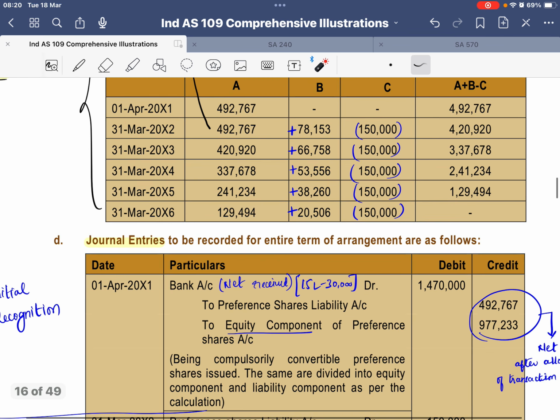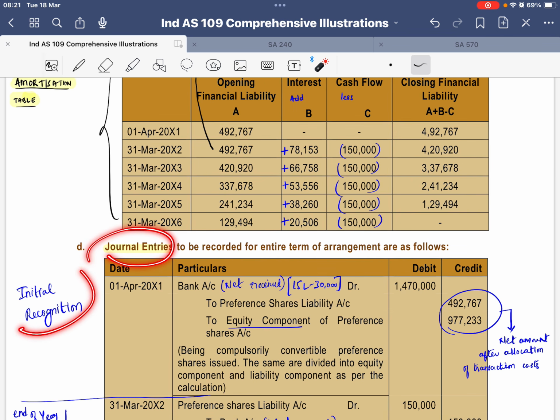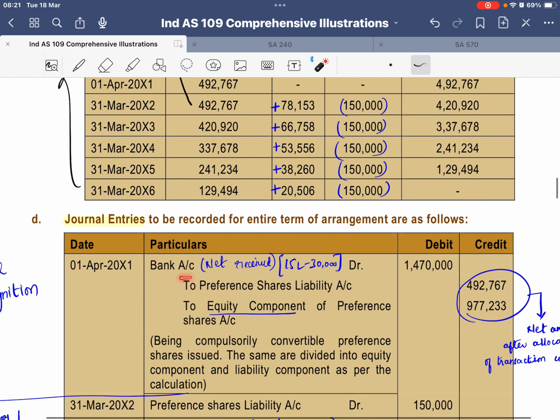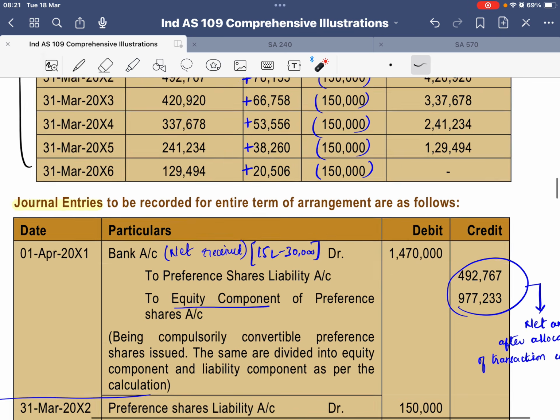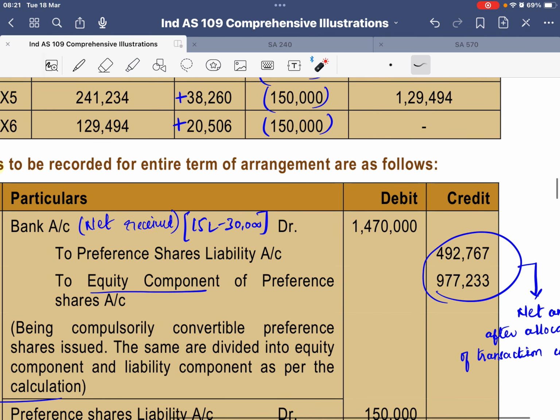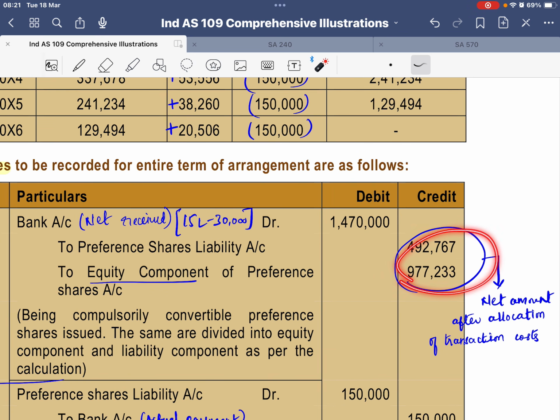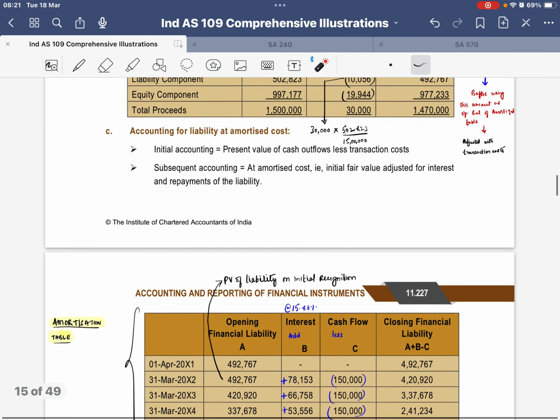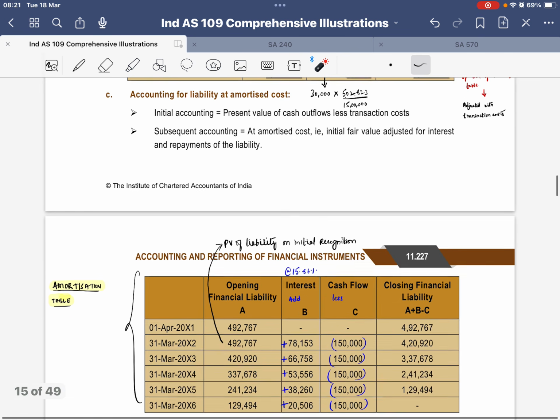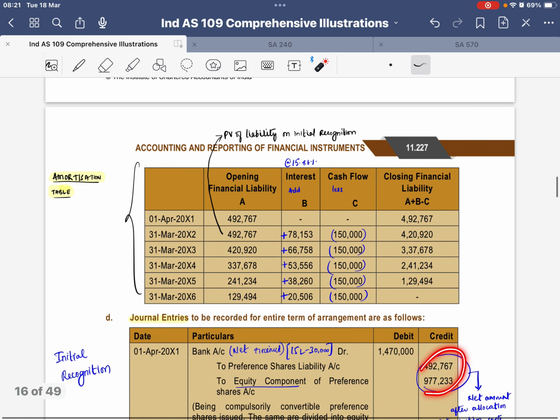Journal entries. Initial recognition. Bank account debit 14 lakh 70 thousand, which is the net amount 15 lakhs minus 30,000. To preference shares liability. To equity component of preference shares account. These two are the net amount after allocation of transaction cost from this table. End of year 1.